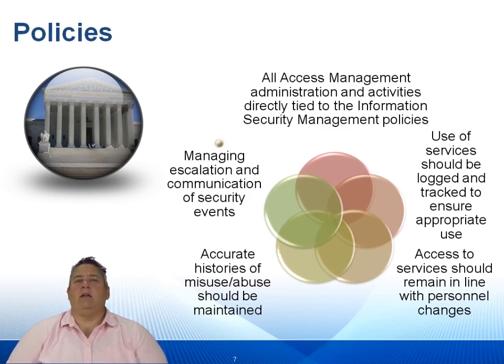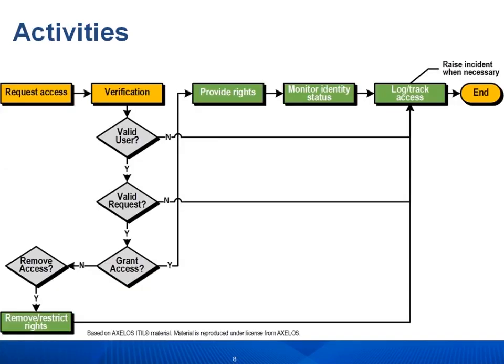We also need to manage the escalation and communication of security events, some of the nefarious actions of an individual or individuals trying to gain access to data and information, hackers, maybe even internal employees who may be disgruntled, but we need to have the policies in place that we communicate the misuse and also escalate events as needed.